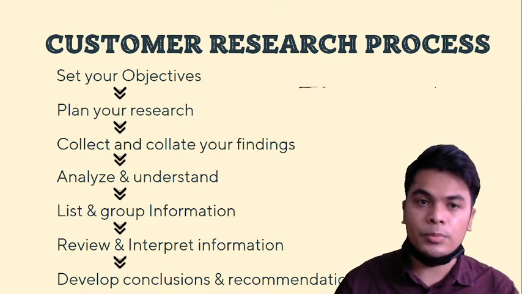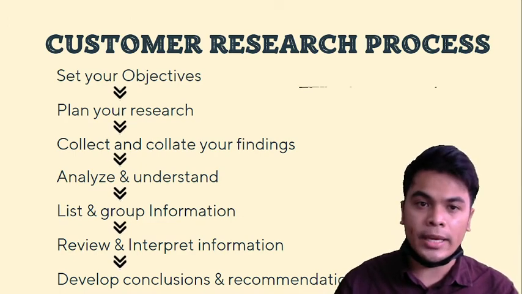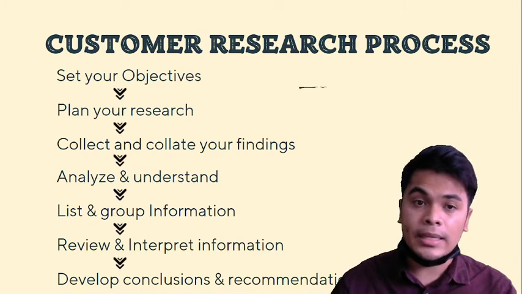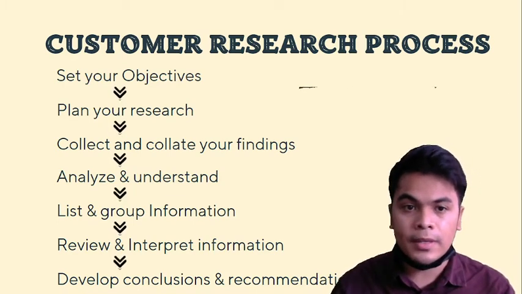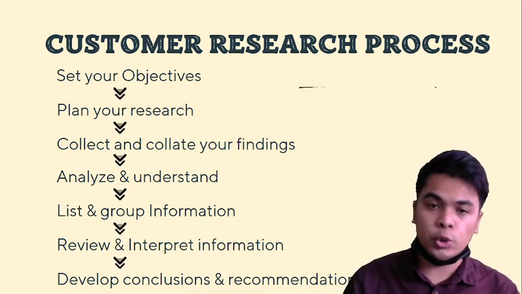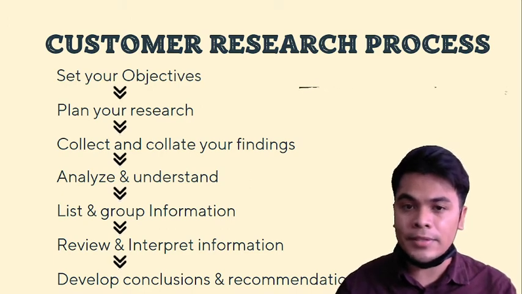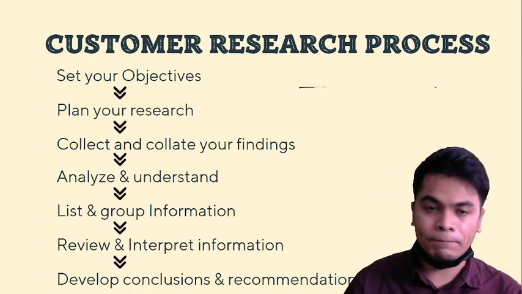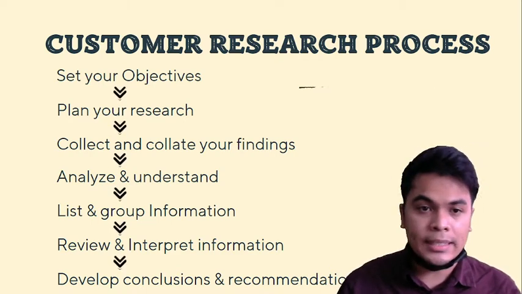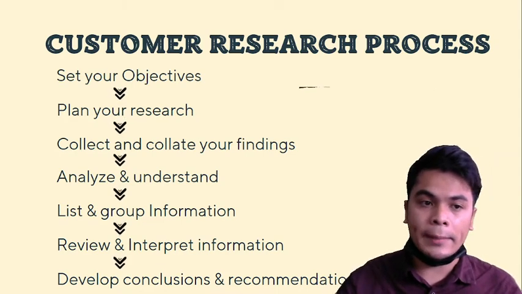First, you set up your objectives, then you plan your research, then you collect and collate your findings, analyze and understand the data, list and group the information, review and interpret that information, and you now develop conclusions and recommendations before you adopt these changes to your product. Very systematic, no? But later on, you will see that each of these steps is very crucial in order to develop a better product.